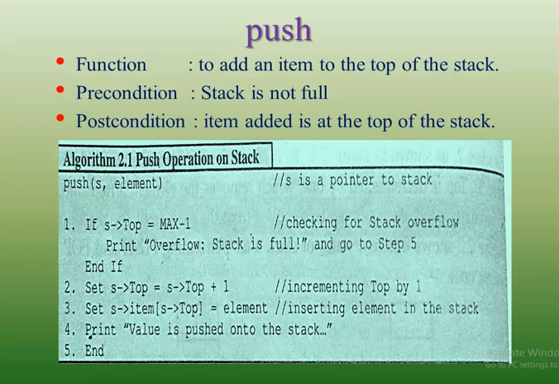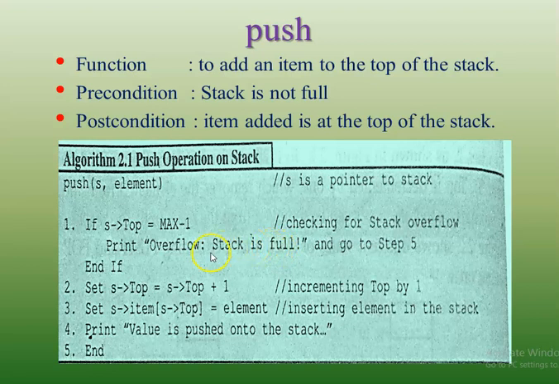We have defined max as the size of the array representing the stack. So when the index value starts from 0, the final index of the stack will be max minus 1. If top is max minus 1, then the stack is full. Then we will print overflow, stack is full.